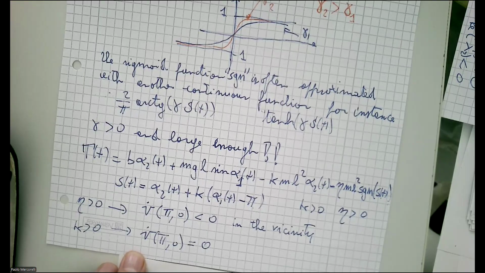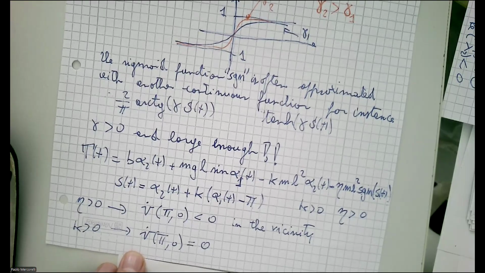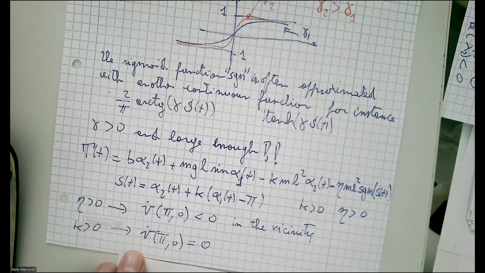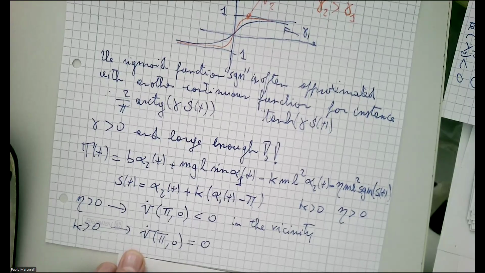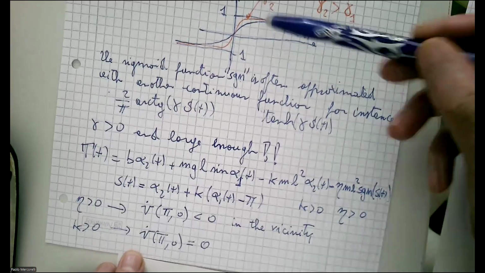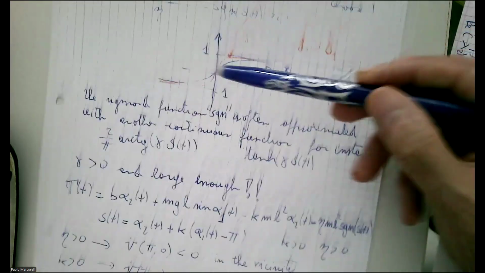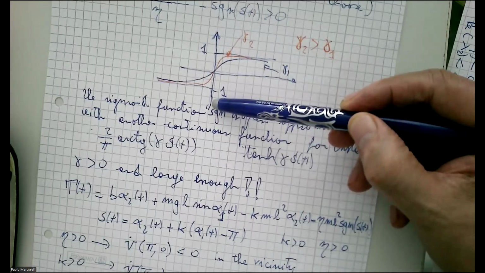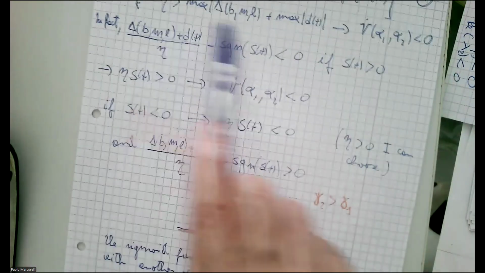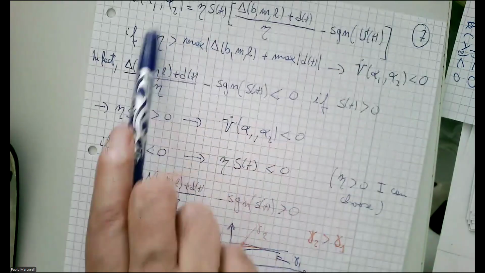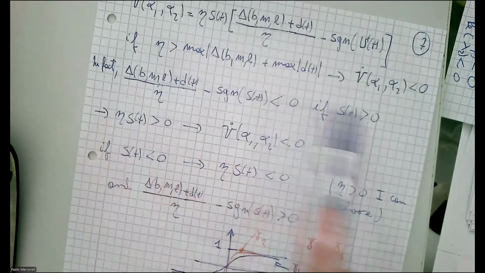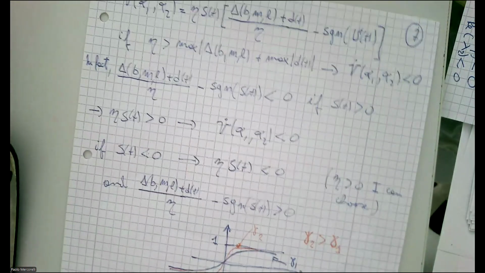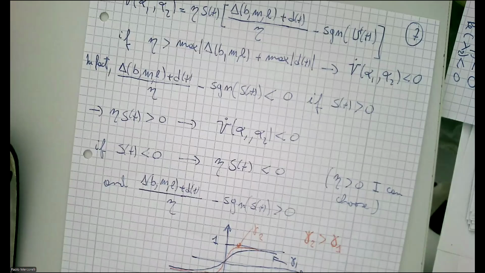I told you K must be positive, but what happens for large and larger eta? We know that this means we switch between large and larger upper and lower bounds. Sometimes we need, in order to obtain the robustness, we can speak about insensitivity.